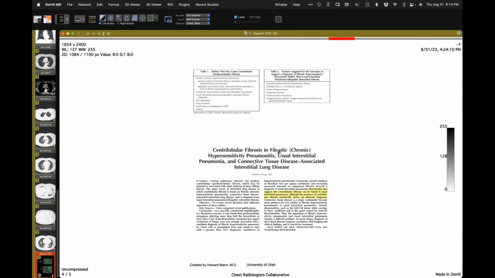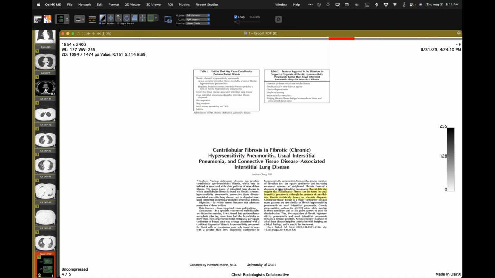But one of the things that pathologists think about when they see this centrilobular fibrosis is the possibility of fibrotic hypersensitivity pneumonitis. So here you can see in yellow that it may be found in other forms of fibrosis, as indicated up here as well, but typically is not a dominant finding. In fact, it argues a little bit against UIP as a cause of the fibrosis.